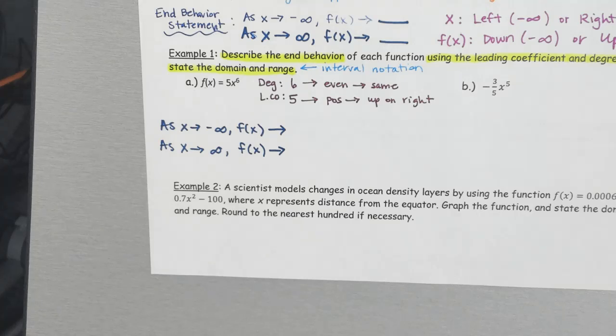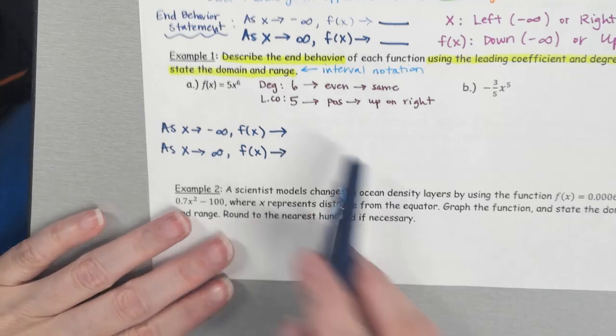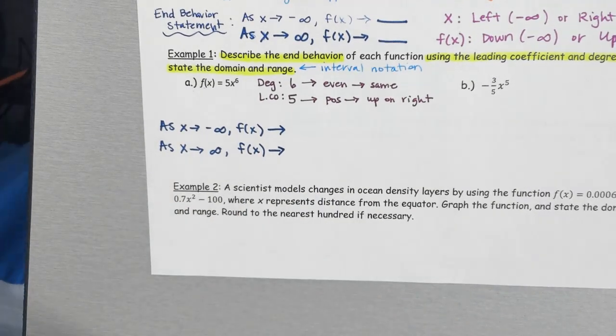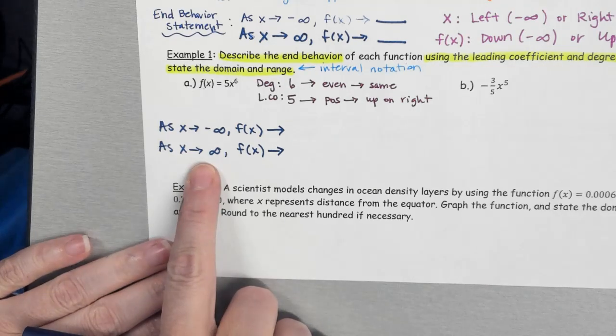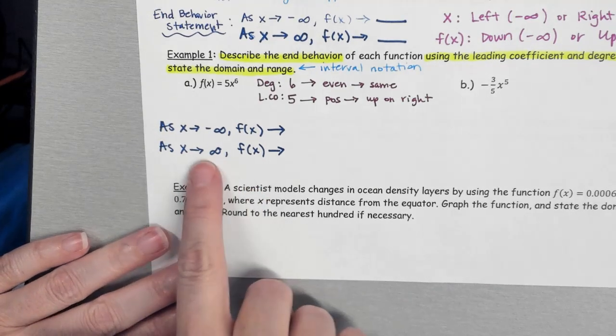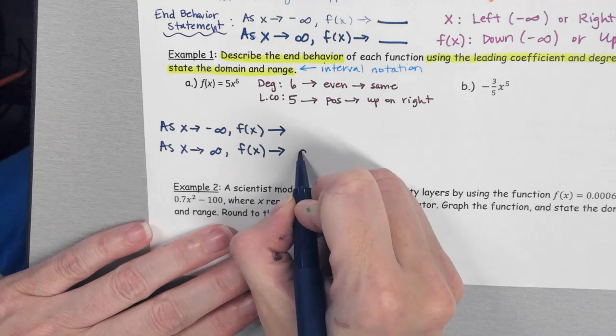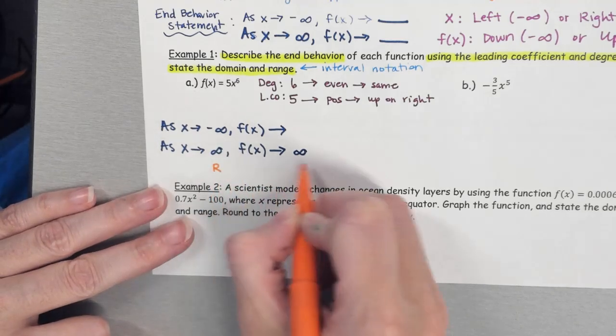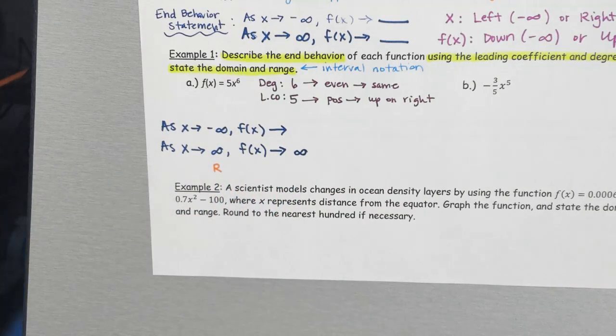We're going to fill this out according to the degree and the leading coefficient. If you found that it was positive and it goes up on the right, this is the right side, the positive infinity. So if that's the right side, I know that it's going up there. So I'm going to fill that one in first.